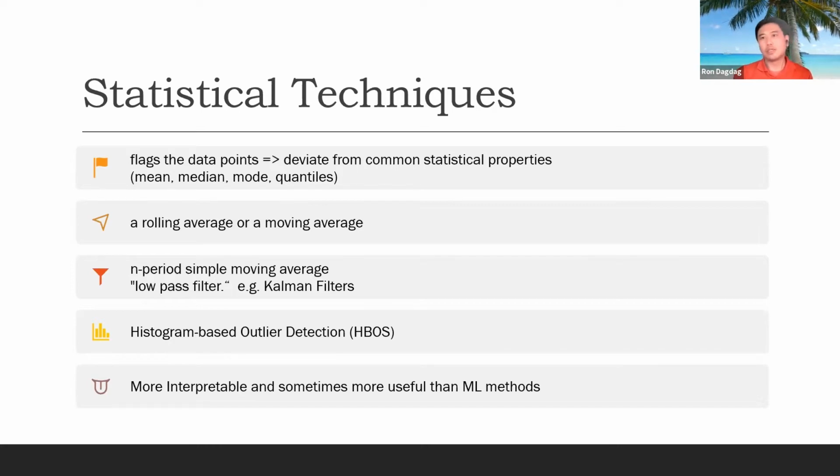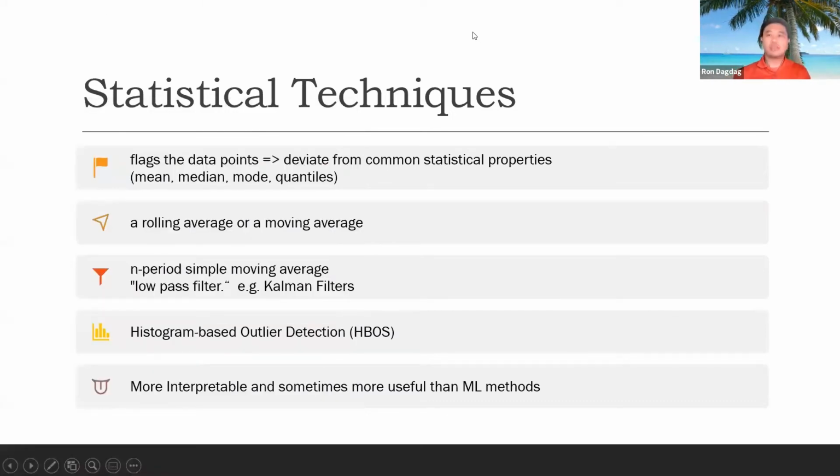Statistical techniques is when you have your data points and you use statistics. One great example is, you do your mean, median, quantiles. Sometimes you use rolling average or moving average. This is true whenever they do statistical techniques for the stock market, right?